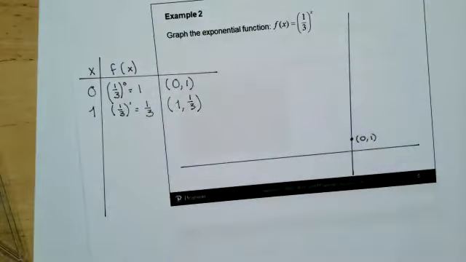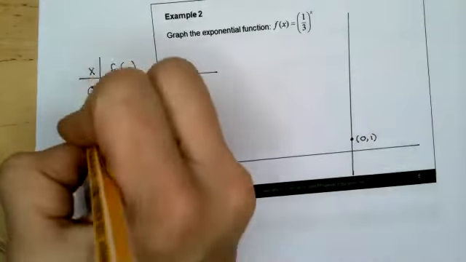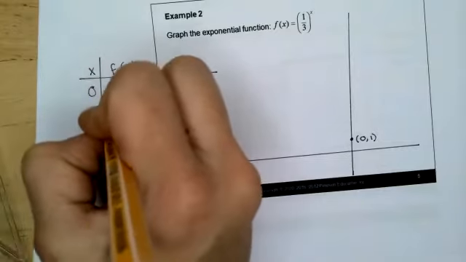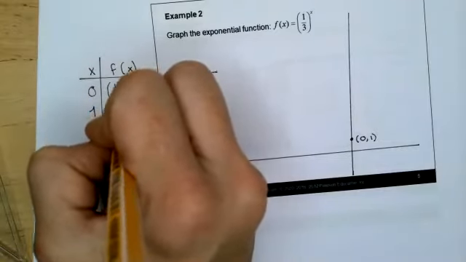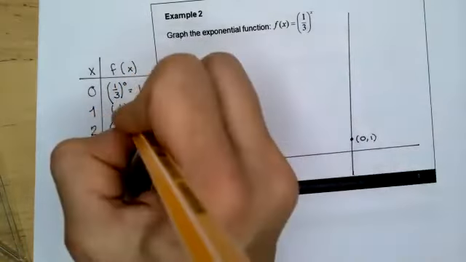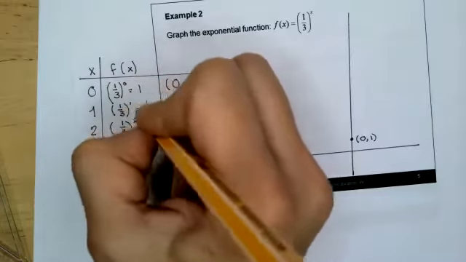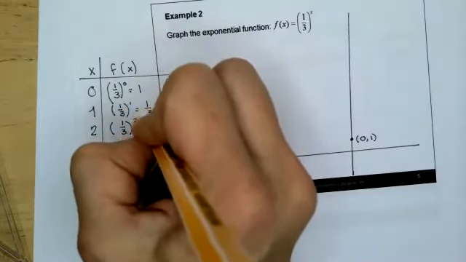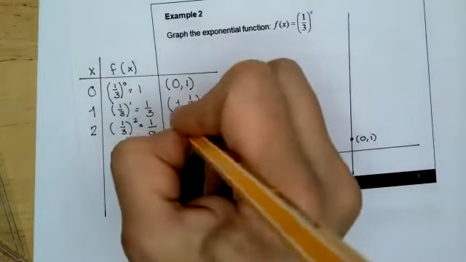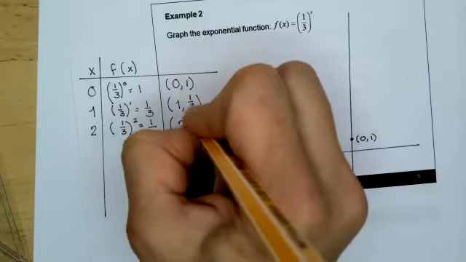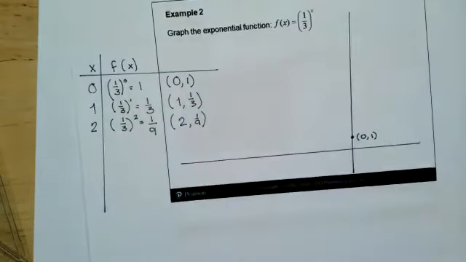So when x is 1, y is 1/3. If I raise 1/3 to the second power, 1 squared is 1, 3 squared is 9, so it's 1/9. The next point is (2, 1/9).